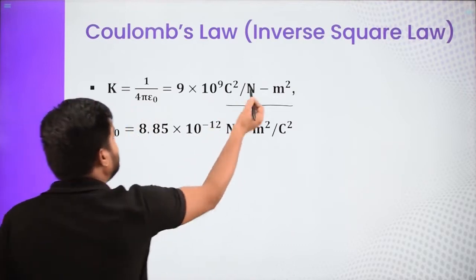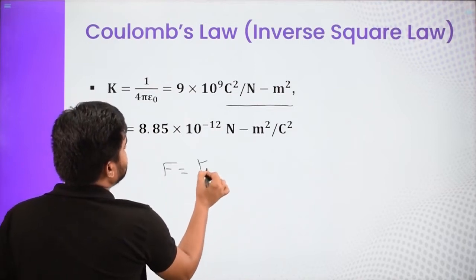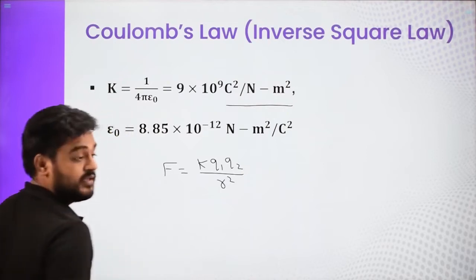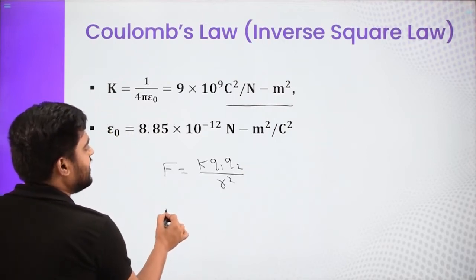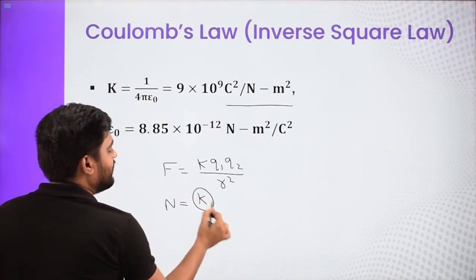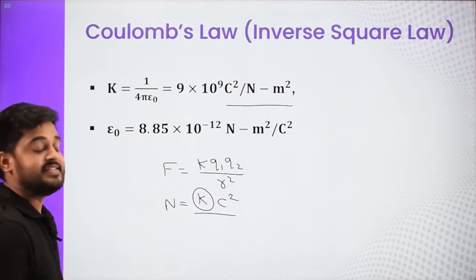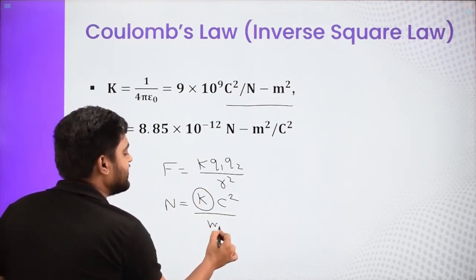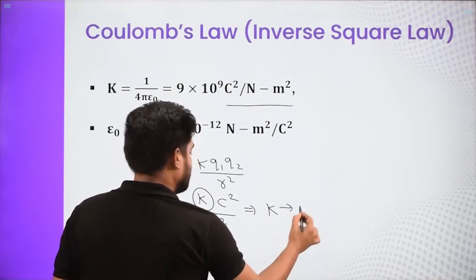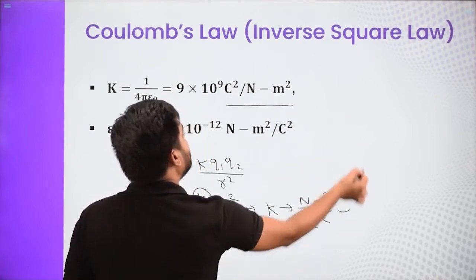Now, let us come to this unit. We already know that force equals K Q1 Q2 by R square. Now, this force is in Newton. For K, Q1 into Q2 is like Coulomb square divided by R square. This is the separation distance, which is meter square. So eventually the unit of K is Newton meter square per Coulomb square, which is written over here.